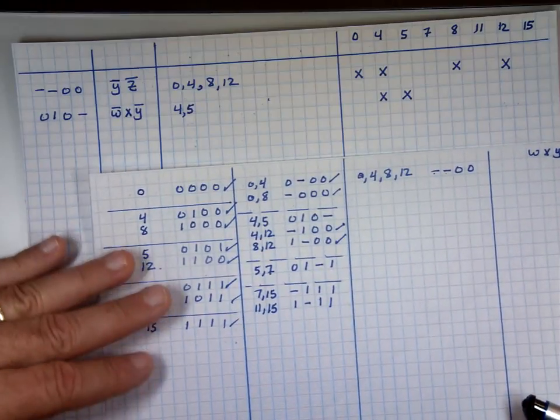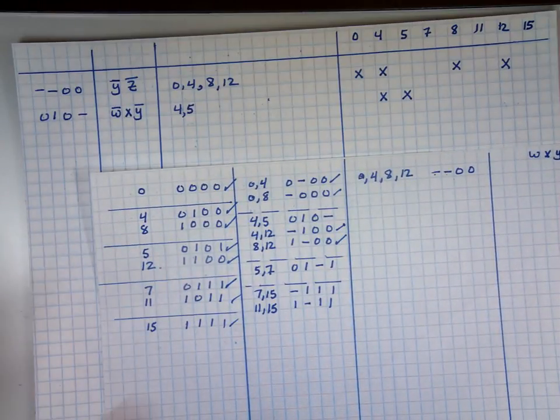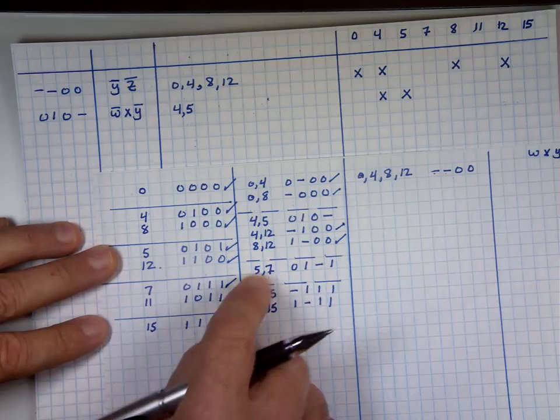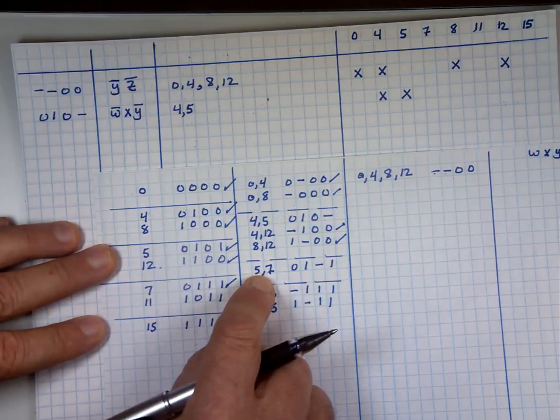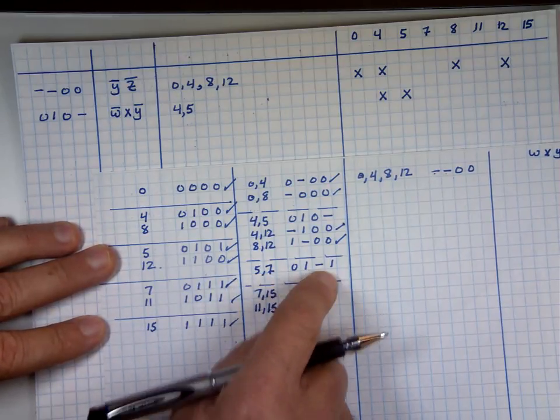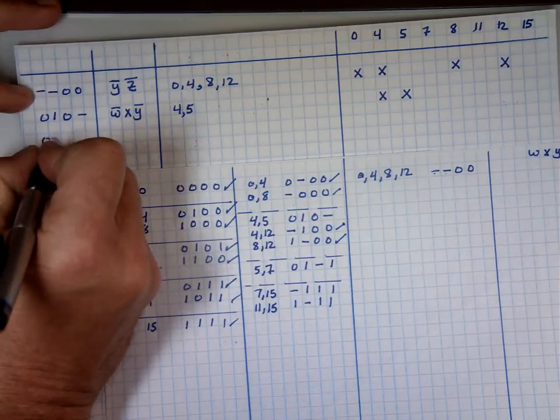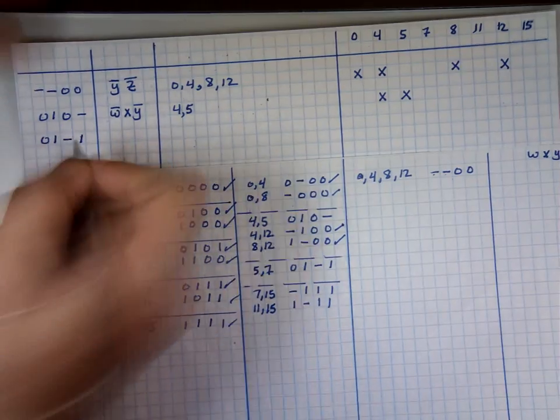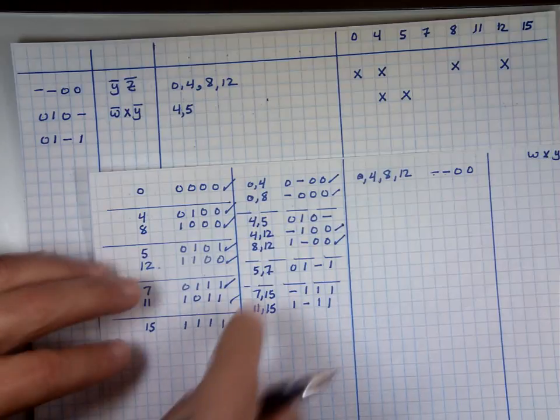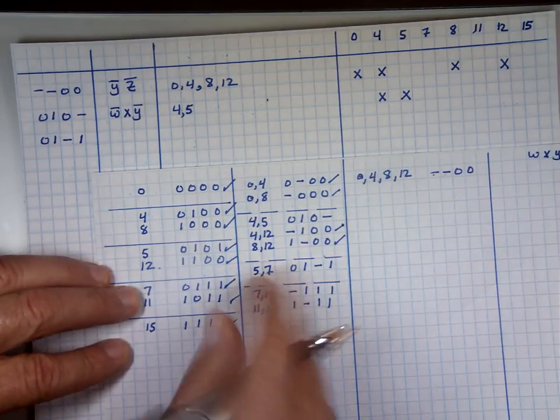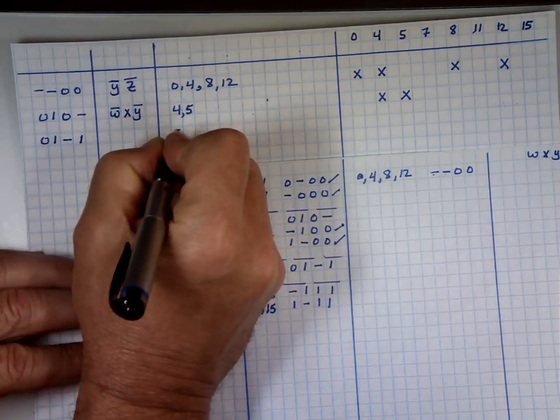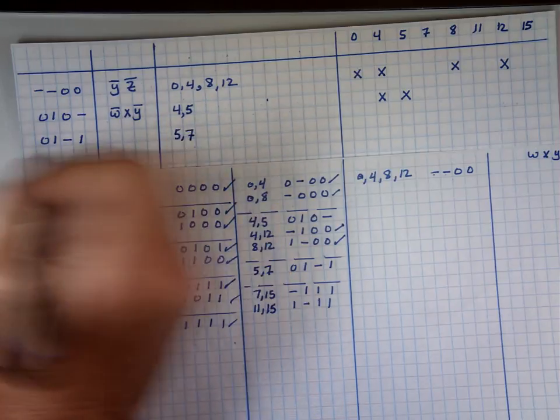The next one I'm looking at is this one, 5 and 7. Can you see the 5 and 7 down here? 0, 1 dash 1. That's 5 and 7. Let me write 5 and 7. So to read that, that's what?